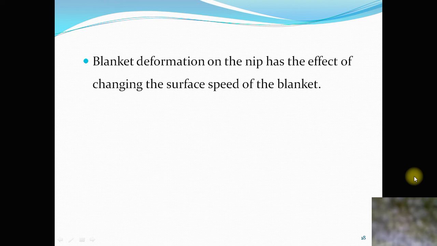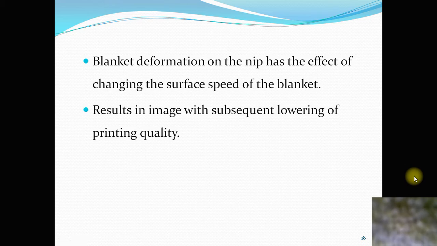If it is a blanket and impression cylinder, the point of contact is called the nip. So when the two cylinders are rolling together, there is a nip. At the nip area, the blanket will get deformation. This blanket deformation at the nip has the effect of changing the surface of the blanket cylinder.